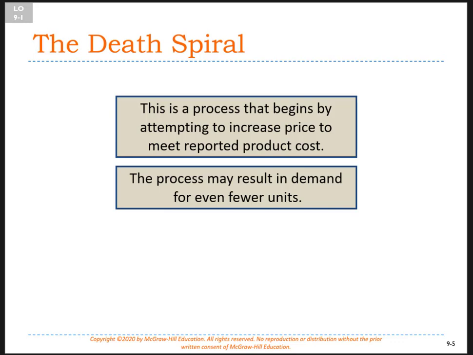And so companies can actually just get worse and worse by trying to meet the overhead costs and charge enough to cover it, and raising their prices, which causes them not to be able to sell as much. All right, and that can end up with bankruptcy.